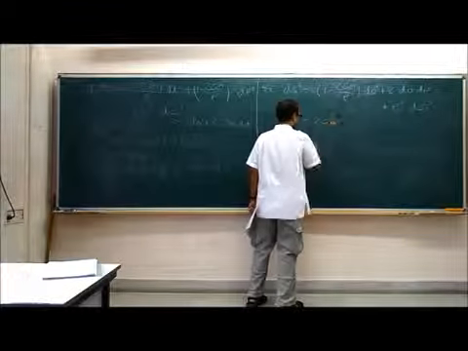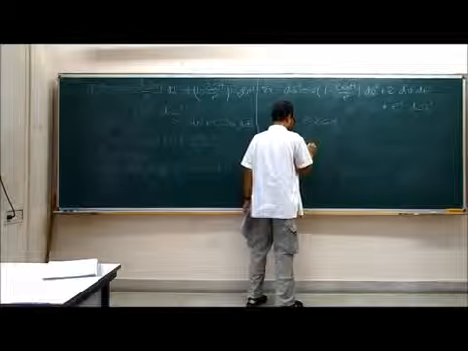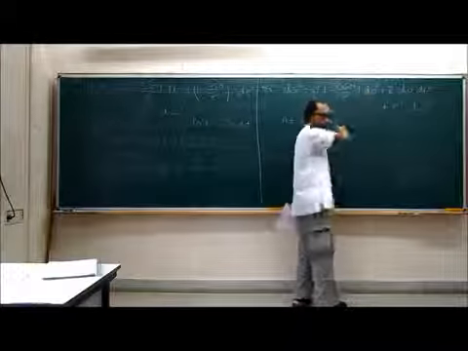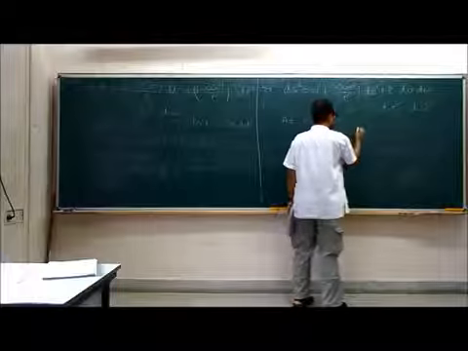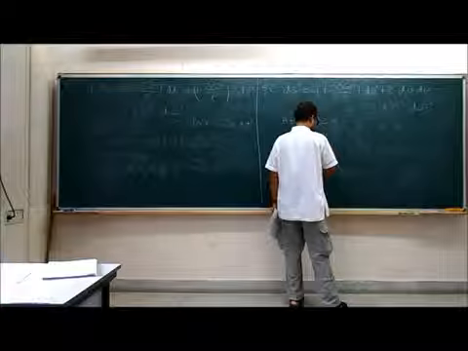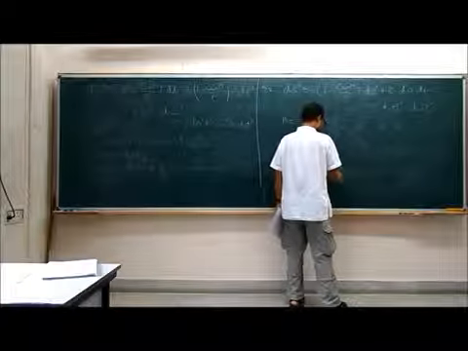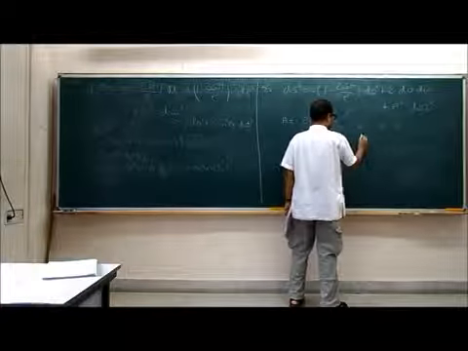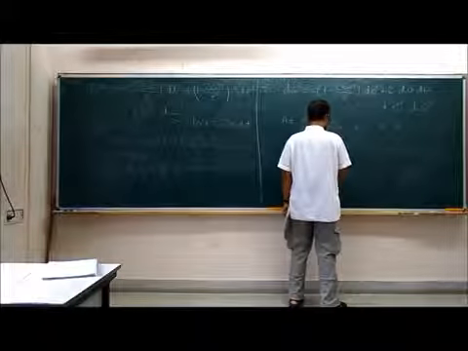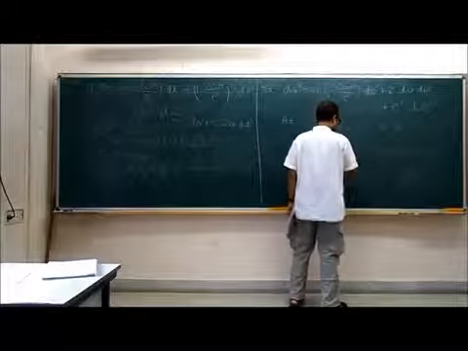The metric g_mu_nu has the following structure. See, there is no dv square component. So we write v, rho, theta, phi. The first row is 0, 1, 0, 0.